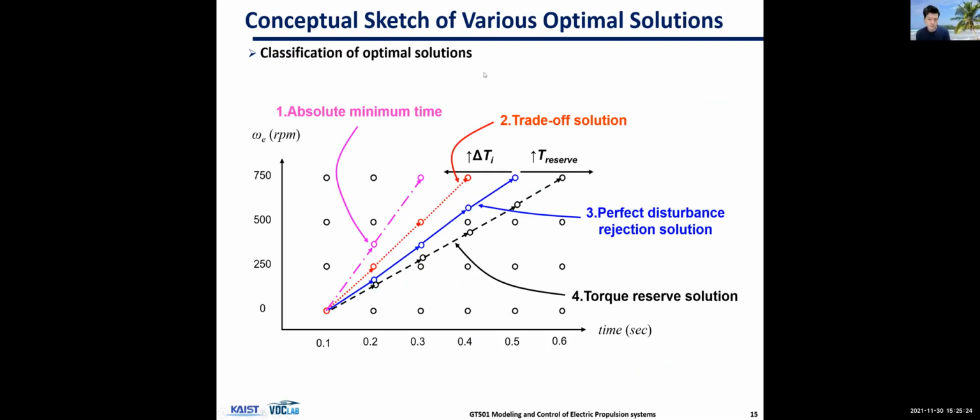So, by the way, this is just to give you an idea of what the solution would look like. This is just a conceptual drawing to help formulate the DP problem. So X being time and Y being engine speed, and we want to increase engine speed as fast as possible, right?